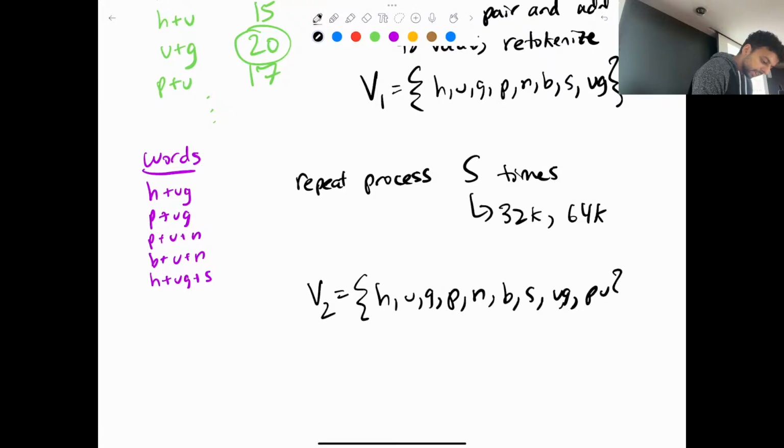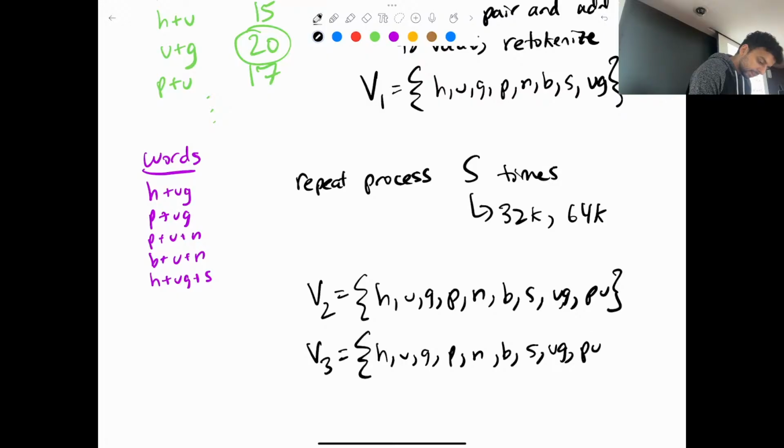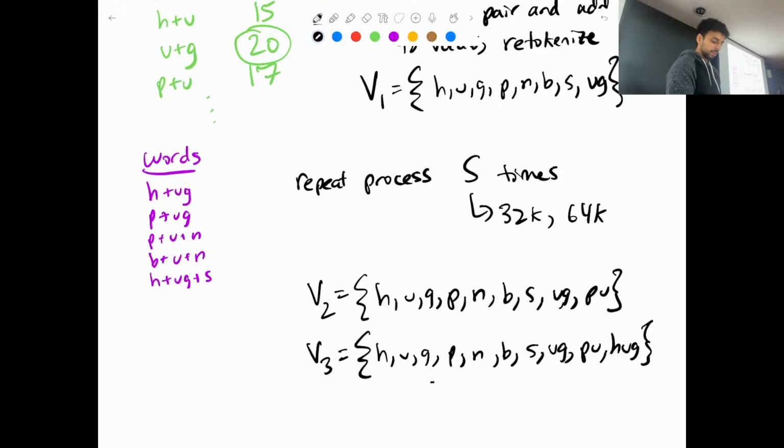Then we retokenize, and then next time it could be that hug is the most frequently occurring, so we'll add that and proceed.